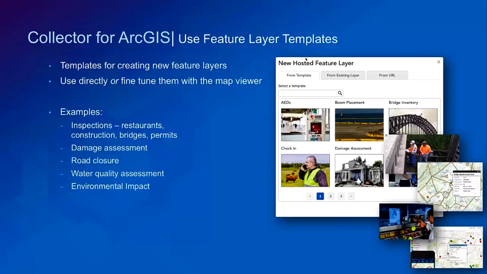Anything from health and safety, like if you're doing offshore work, there's a boom placement, there's a damage assessment template, and so on. These templates help you to quickly get up and running with a map for use with Collector. They're based upon what we're doing in the industry, and we're working with customers to get their data models and bring them to life inside of these templates.